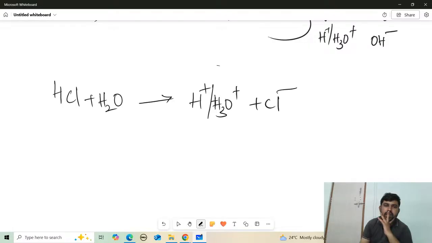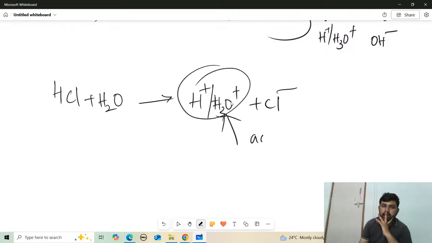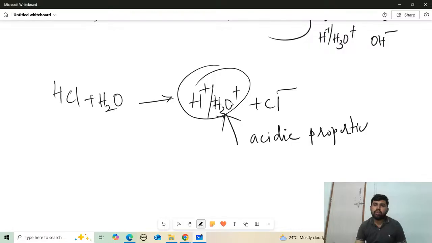These ions are responsible for the acidic property. Once H plus ions are not there, there is no acidic character. So the best example, they give in the next activity. We will discuss the next activity in the next video. Okay.